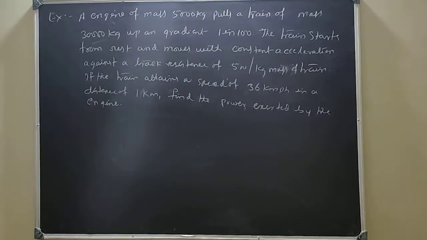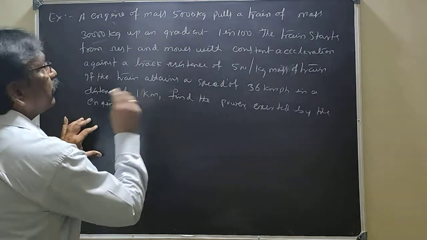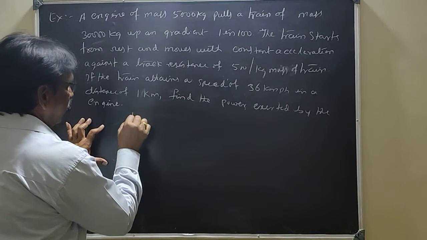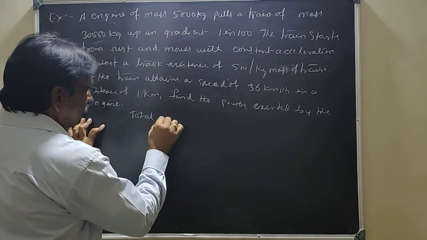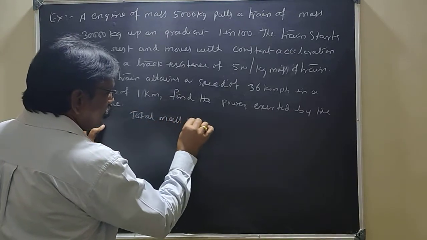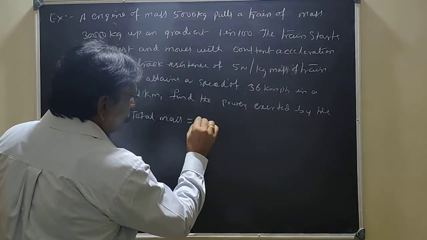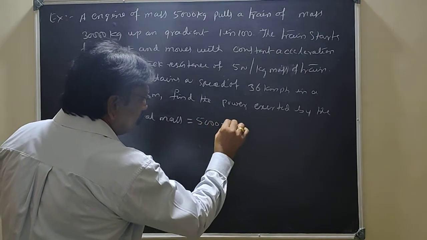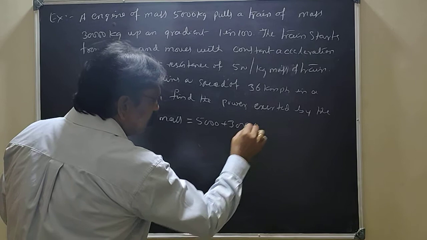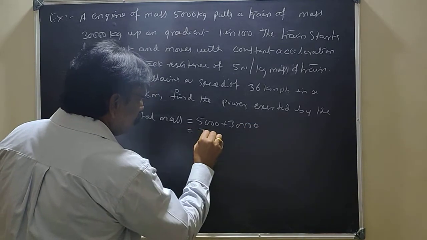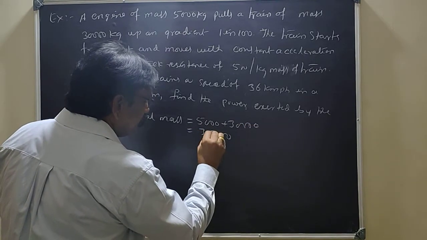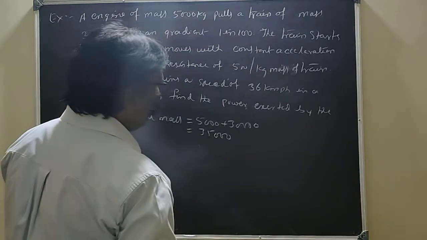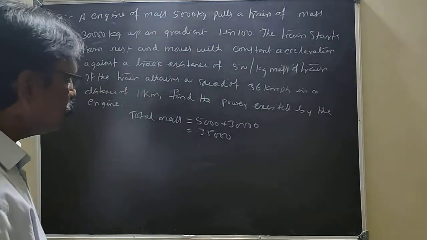So now here the total mass of the train and engine is, that means total mass is equal to 5000 plus 30,000, so that will be equal to 35,000 kg is the total mass of the train.